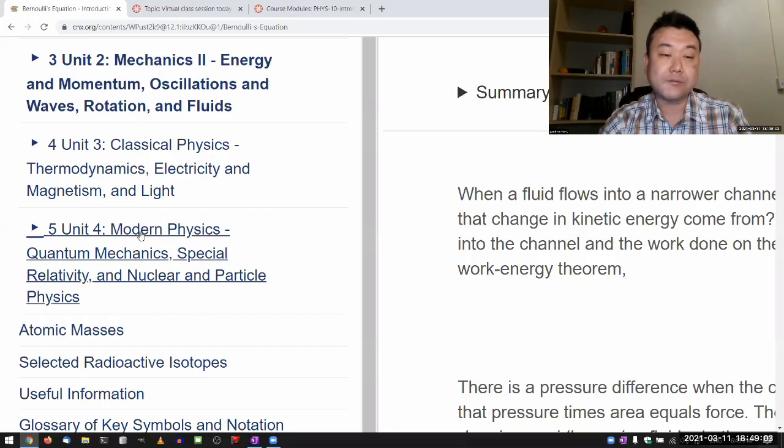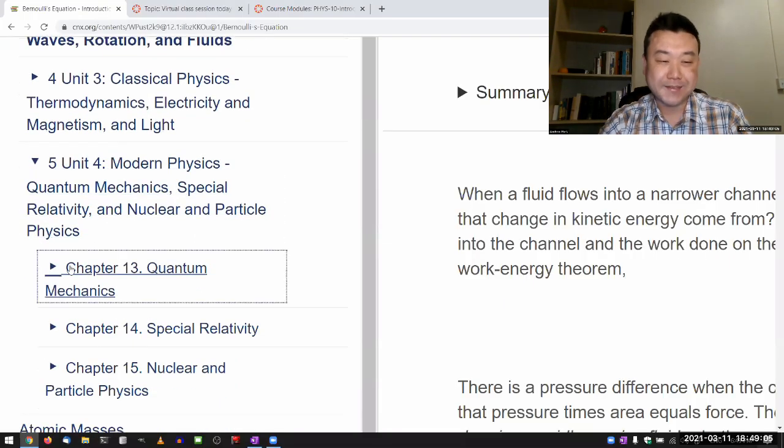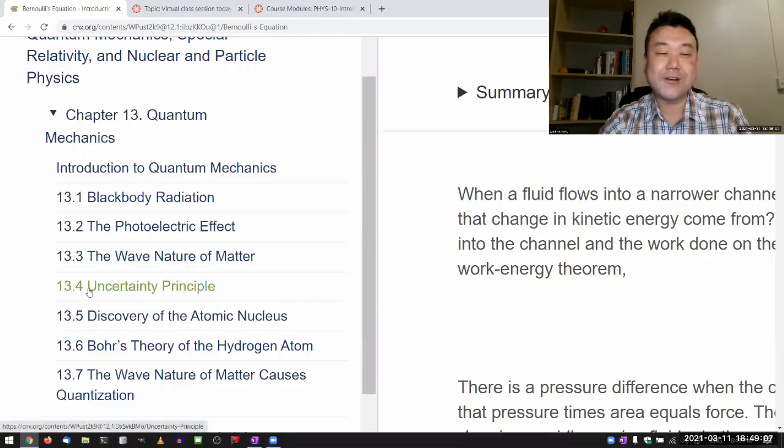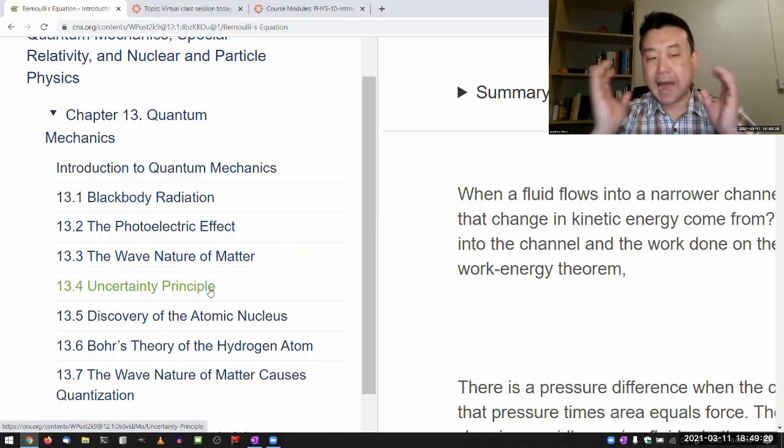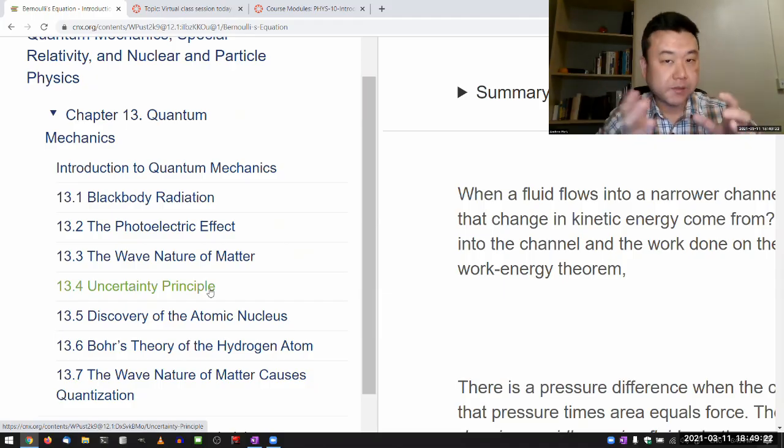In fact, in quantum mechanics, one of the things that we'll talk about is the uncertainty principle: that some kinds of uncertainty are built into nature, and that such a thing as complete knowledge about a system is theoretically impossible.